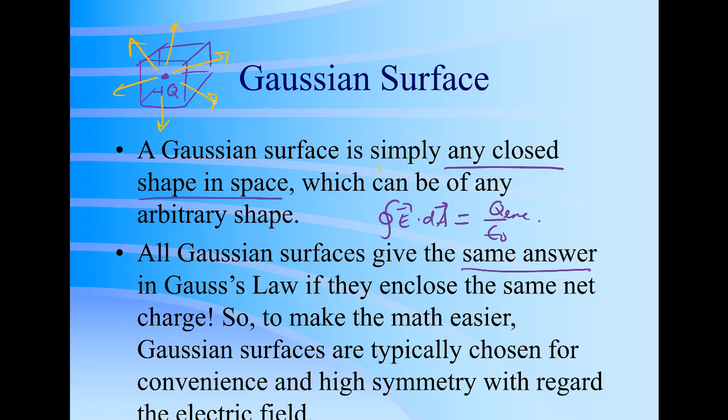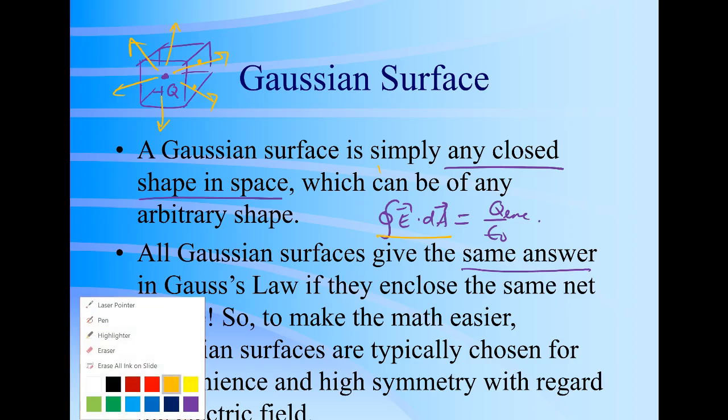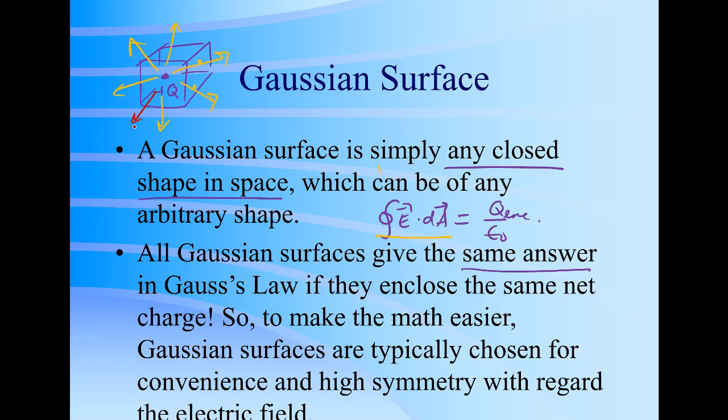And so the point is that at every single point on the surface of this cube, if we wanted to think about this surface integral, E would be going out radially, but dA, for example, would be going in the i hat direction, it would be going in the k hat, or even in the j hat direction. And that would be true everywhere on the surface of that cube.